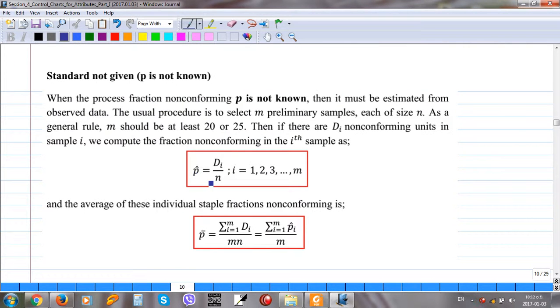So we take p hat i equals d i over n, where i equals 1, 2, 3 to m, and the average of these individual sample fractions non-conforming, p bar, we can find with either of these two equations: p bar equals the sum from i equals 1 to m of d i over m n, or the sum from i equals 1 to m of p hat i over m. In these two equations, you can use either one to calculate p bar.